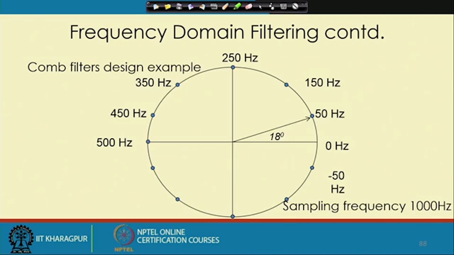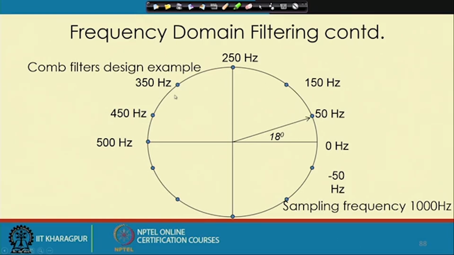Here we show different angles: from 18 degrees, then 54 degrees, then 90 degrees, for 50 hertz, 150 hertz, 250 hertz, 350 hertz, 450 hertz, and so on.